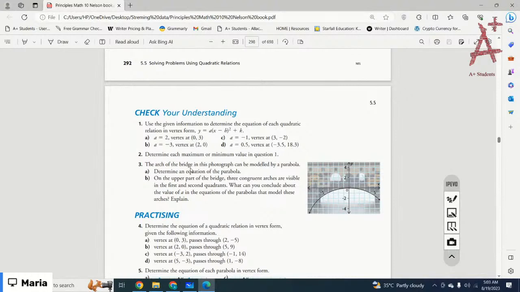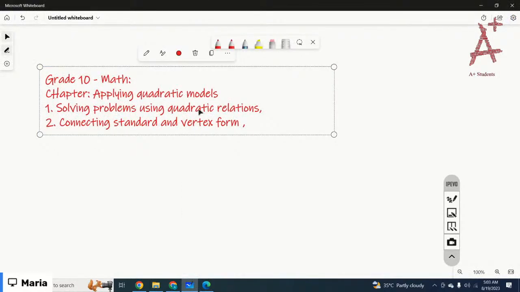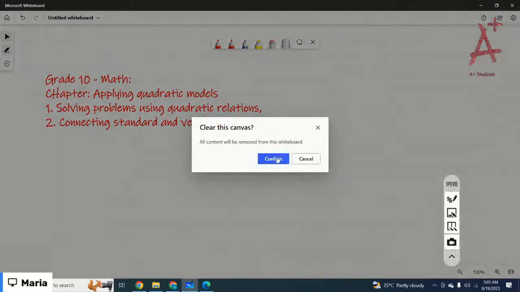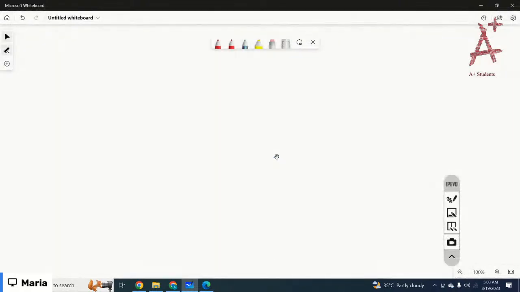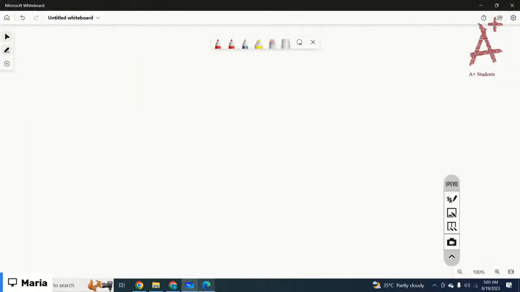Use the given information to determine the equation of each quadratic relation. In vertex form, y equals a times x minus h whole square plus k. Question number 1. You have to write in vertex form, that would be y equals a times x minus h whole square plus k, right?